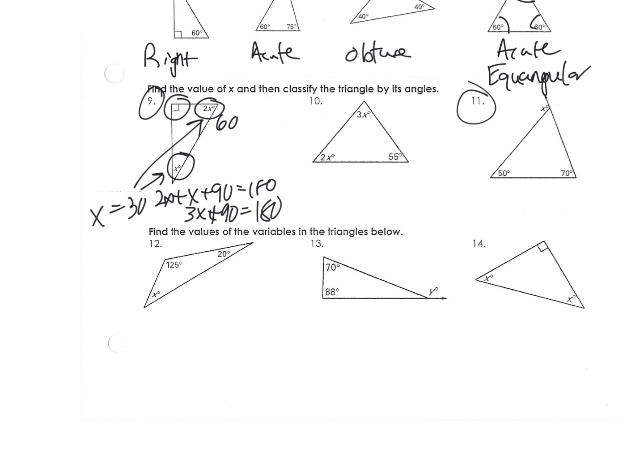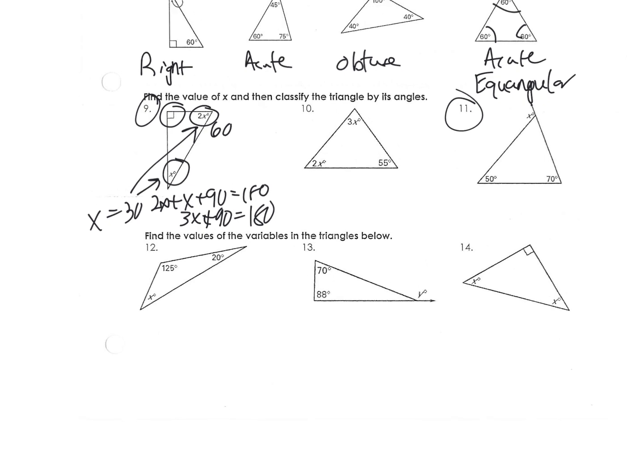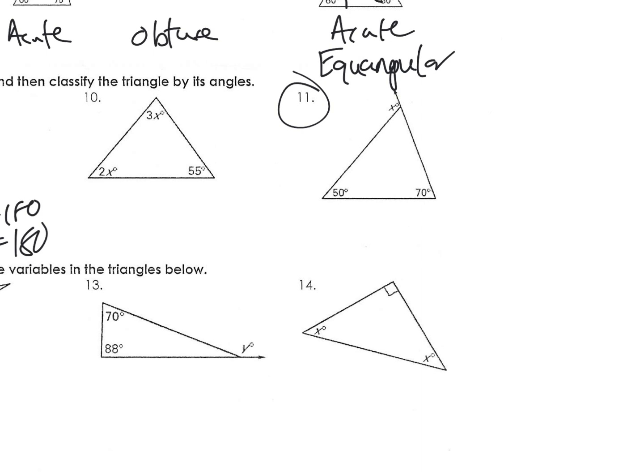In 11, this is kind of a unique one. There's two ways to solve. I'll show both. If we know these two angles are 50 and 70, that means the total so far is 120, which means that this angle here has to be 60 in order to complete the triangle. Well, these form a linear pair, meaning they are supplementary, so they should add up to be 180.